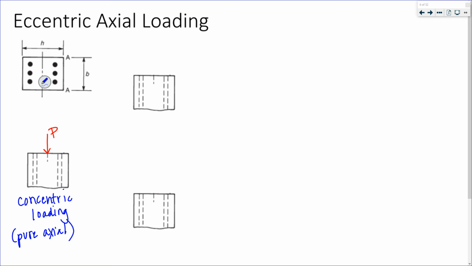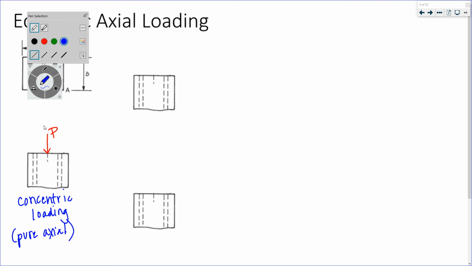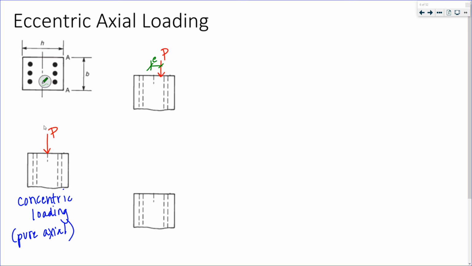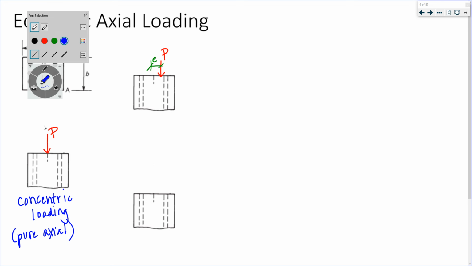But what happens if my load is off a little bit, right? Now my load P is off by a distance E. It's not directly lined up with the center line. This is called eccentric loading.